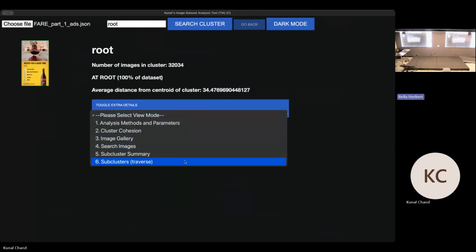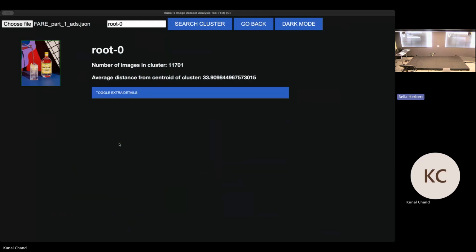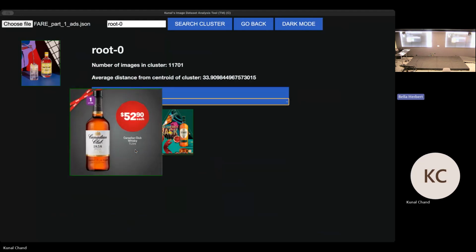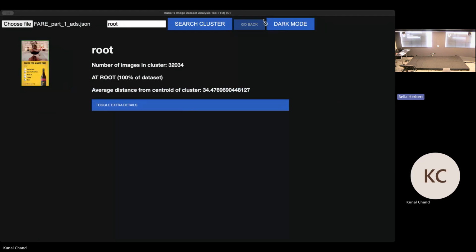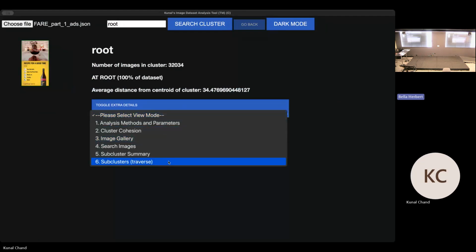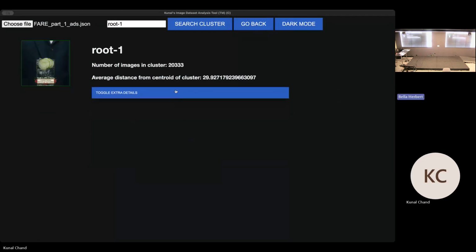The issue is whenever I go into just one of these clusters, I can only see what's in that cluster. I can see images relative to each other within that cluster, but I can't see them relative to the rest of the data set. So I can't see what any image in here would relate to in this cluster over here.